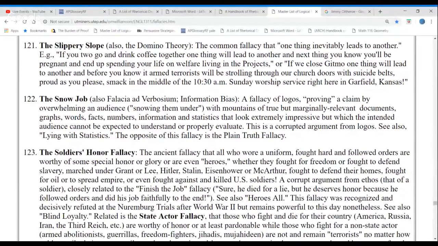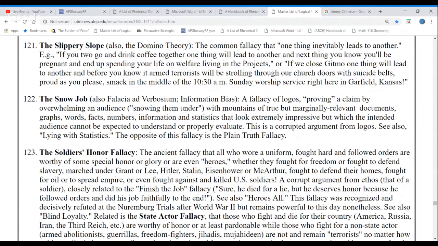The snow job. This is from the University of Texas at El Paso or something. Did a video on it the other week. The snow job, also fallacia ad verbosum, information bias, a fallacy of logos: proving a claim by overwhelming an audience, snowing them under with mountains of true but marginally relevant documents, graphs, words, facts, numbers, information, and statistics that look extremely impressive, but which the intended audience cannot be expected to understand or properly evaluate.